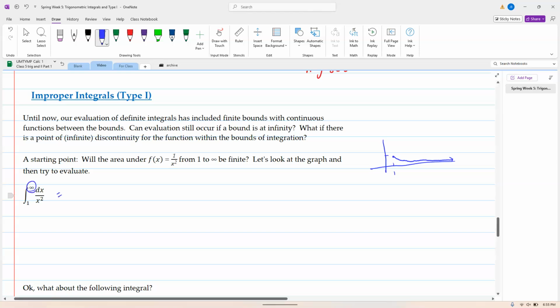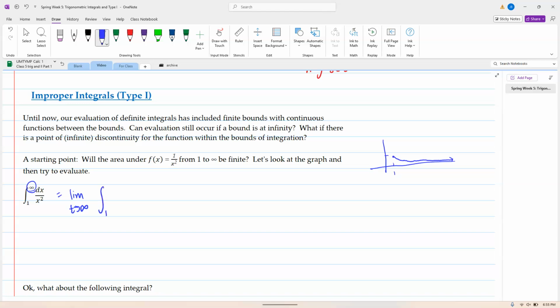Okay, here's what we can do. We don't know how to deal with infinity, but we do know how to deal with limits. What if we did the limit as t approaches infinity of the integral from 1 to t of dx over x squared? Let's rewrite that as x to the minus 2 dx. We know how to deal with this definite integral.